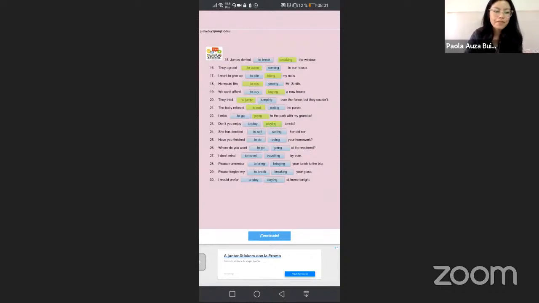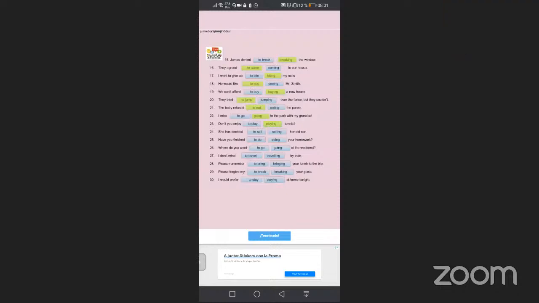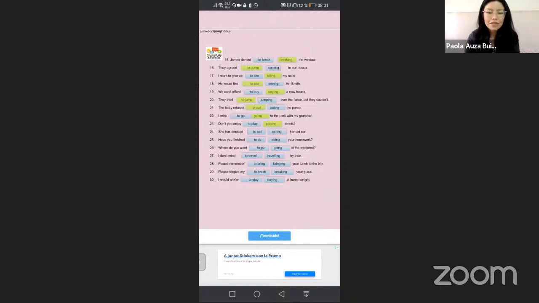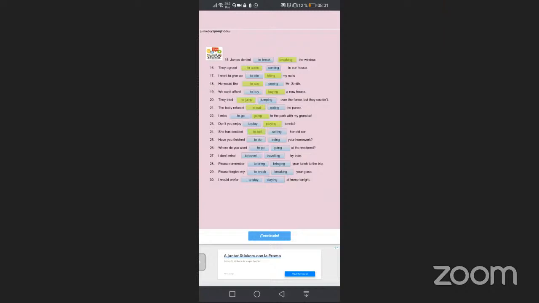24. She has decided to sell her old car. Excellent. Great job. Flor, you're doing great. And 25. Have you finished to do your homework?